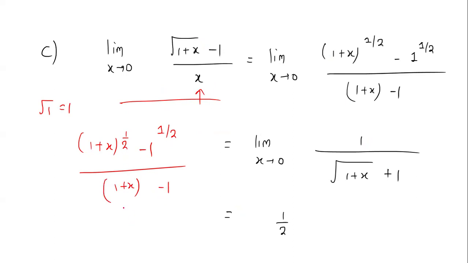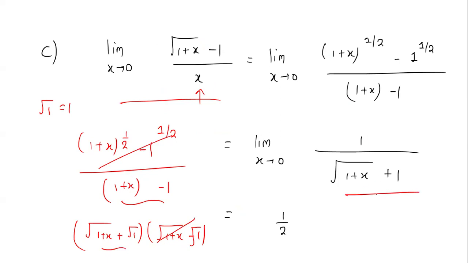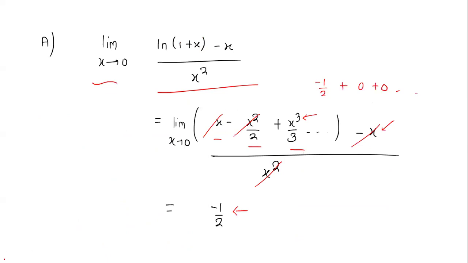Now you can write this 1 plus x minus 1 in this form, like root of 1 plus x plus root of 1, multiplied by root of 1 plus x minus root of 1. So now this factor and this factor will cancel, and if you put limit x tending to 0, this will be half. So this is the correct option.